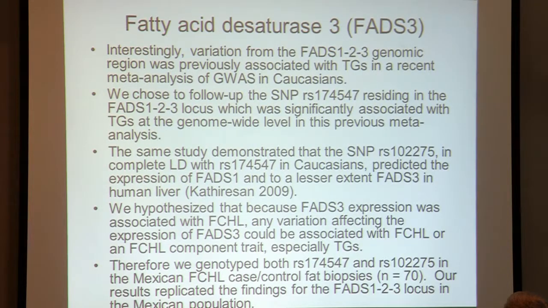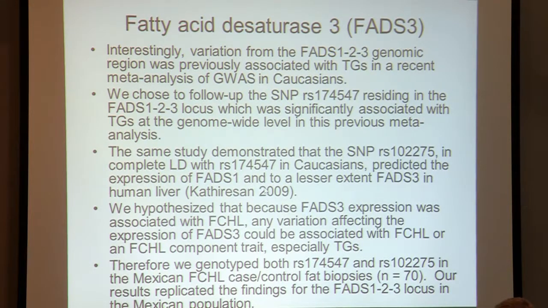But there was one particular gene of interest, the FADS3 gene, fatty acid desaturase 3. This was of particular interest because we had found it, and also there was a SNP located within that gene that had been implicated in this GWAS study.